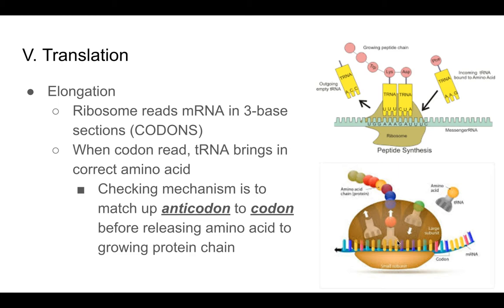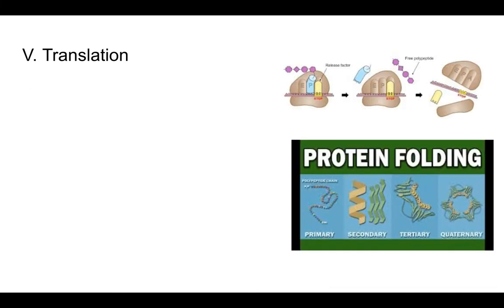If the code matches, the bottom of the tRNA base pairs with the mRNA, and that amino acid will be given off to and covalently bonded to the growing protein chain out of the top of the ribosome. And so we continue to grow this protein chain until the ribosome is cued to stop, right?